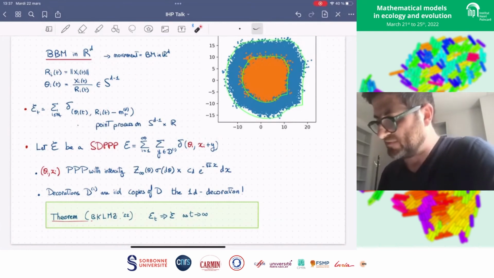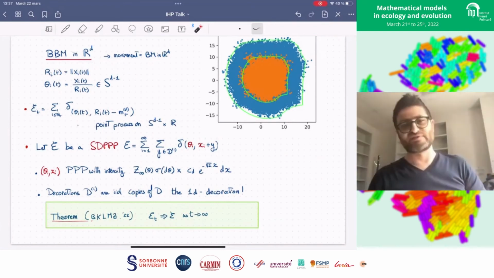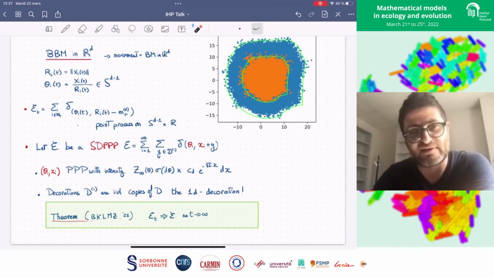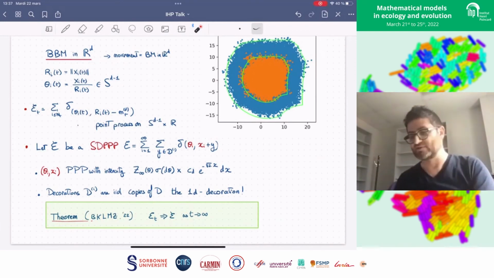And in fact, you can also be much more precise than that. You can do the analog of what's been done in dimension 1 and describe completely the extremal point process of the BBM in dimension d.